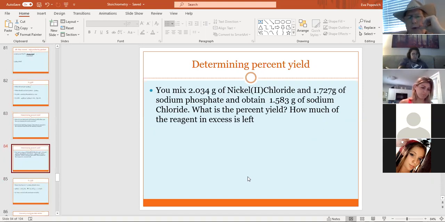You mix 2.034 grams of nickel 2 chloride and 1.727 grams of sodium phosphate, and you get 1.583 grams of sodium chloride. What is the percent yield? Then we have another question on top of that. How much of the reagent in excess is left?